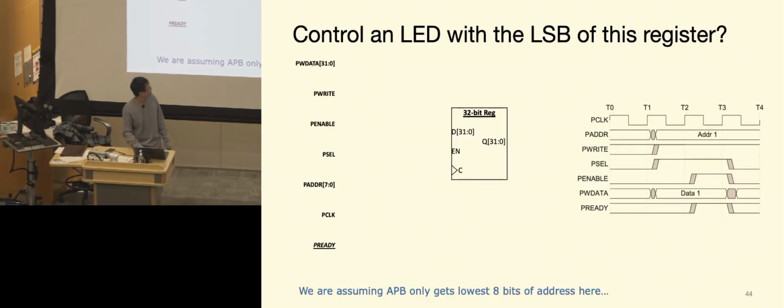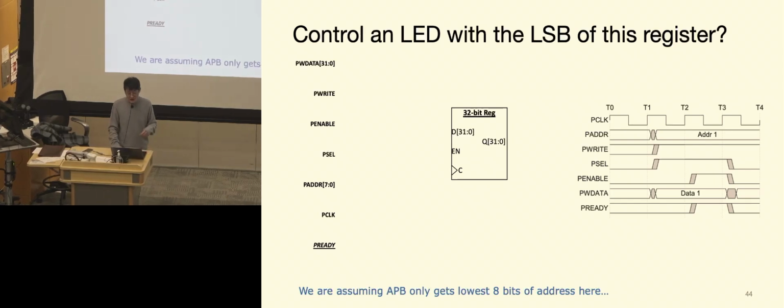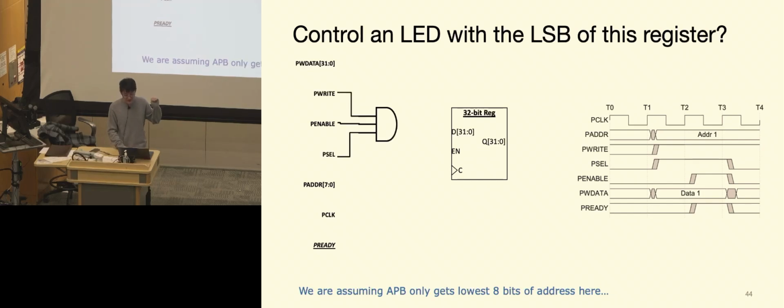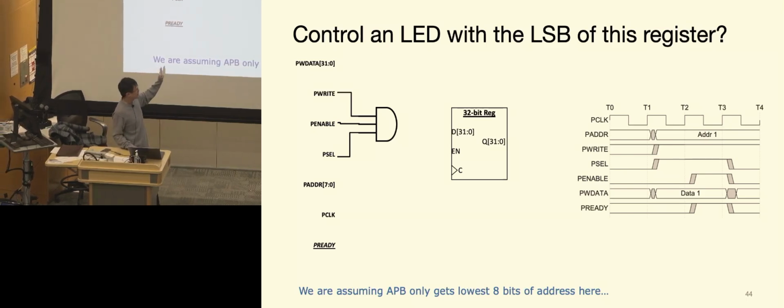Okay, let's see if we can get this as well. So if, say, we control an LED with the least significant bit of a register, how are we going to do this? We have to have some way to tell the peripherals to get ready, right? At least we will need the select pins, the enable, and the write. They are internally going through an AND gate, so only if all three of them are true is this register enabled.